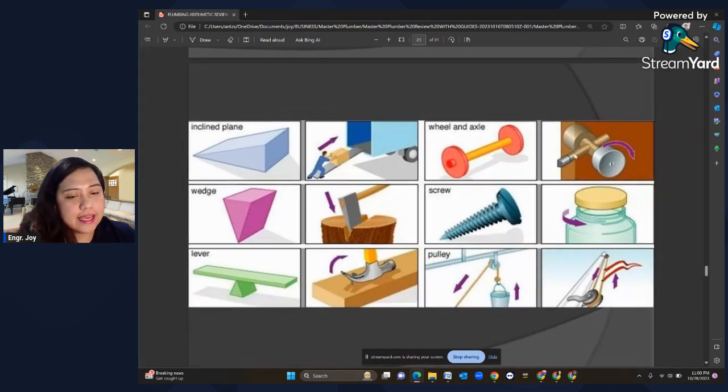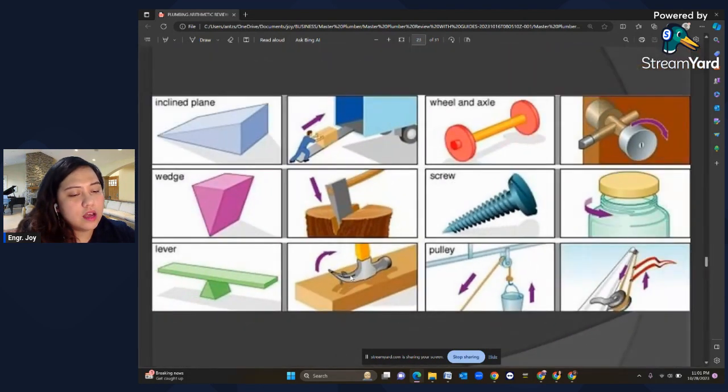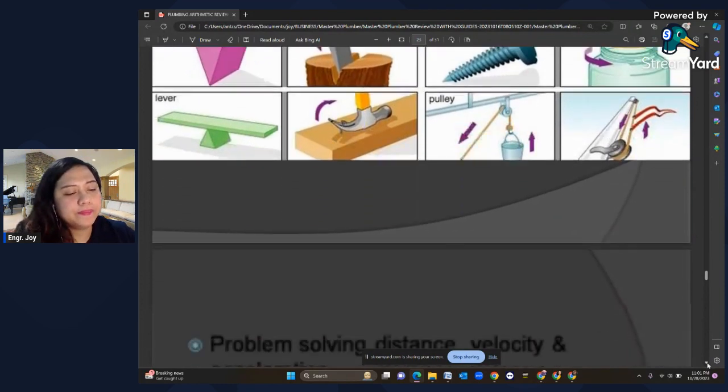Wheel and axle, ito 'yon. Parang doorknob. Wedge, parang yung axe natin. Yung screw, of course, yung sa mga bottle, pag close ng bottle. Tapos yung lever, it's like ito, yung sa martilyo. Pulley, yung sa flagpole, tapos yung sa pagkuha ng tubig, 'di ba? Okay.